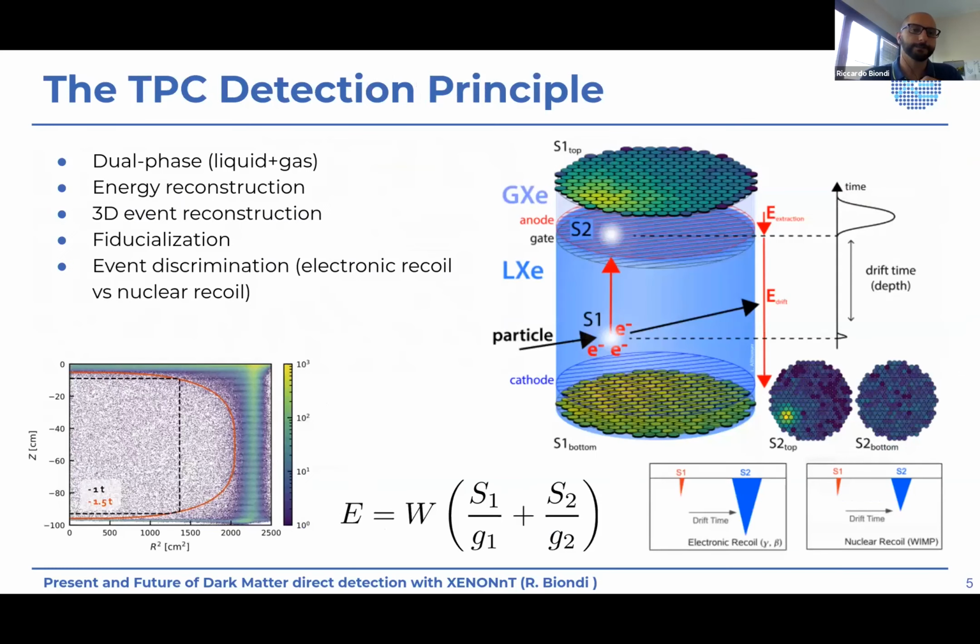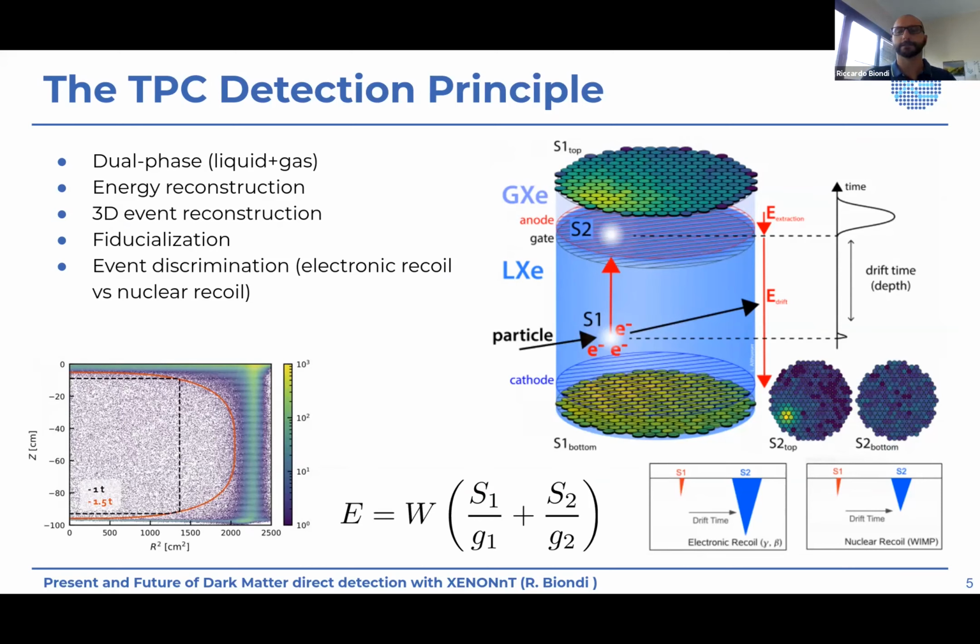So what is a TPC? TPC stands for time projection chamber, and it is basically a cylindrical tank filled up to a certain level with liquid xenon, in this case, and on the top of that there is a thin stratus of gas xenon.